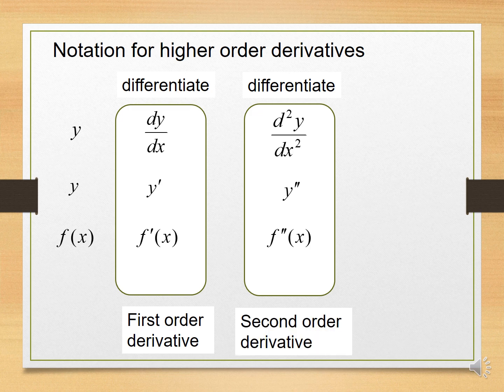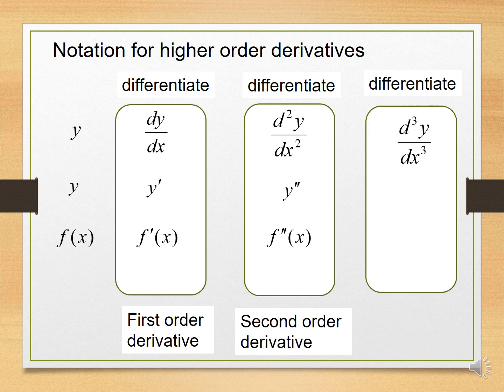This we call the second order derivative. If we differentiate the second order derivative, the notation becomes d cube y/dx cube. For y double prime, we get y triple prime, and for f double prime, we get f triple prime x. This we call the third order derivative.